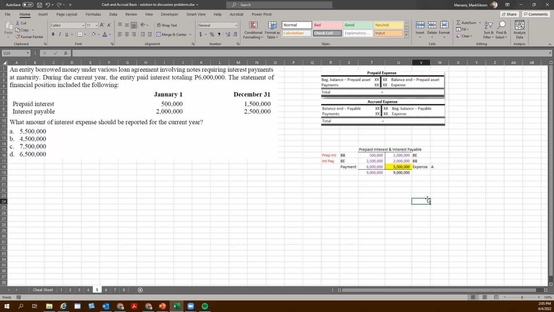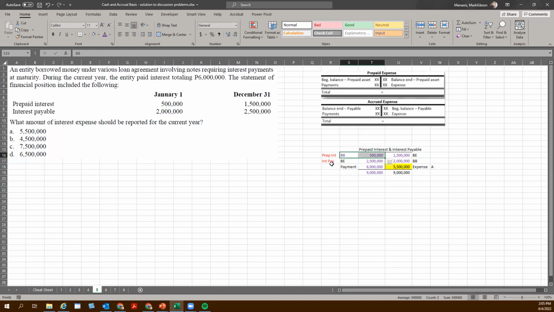So pansinin class, na, what we did in this problem is, una, we plot in all the beginning and ending balances. No? So huwag kang magkakamali kasi remember that prepaid interest, this is an asset account. So therefore, the beginning balance is flagged in as a debit, in the debit side.